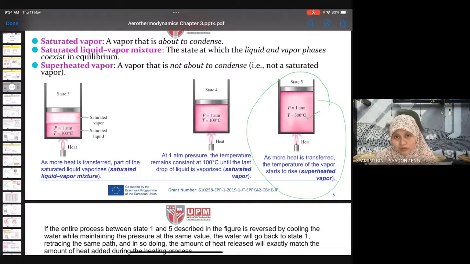So in order to identify the state of the fluid, we have to know the phase that the substance is in at those states. For example, state one just now was compressed liquid, so we have to look at the thermodynamic tables for the compressed liquid. That one we will see in the example later on.